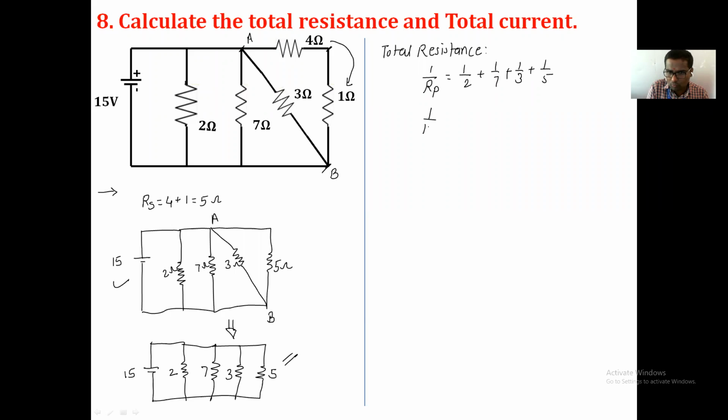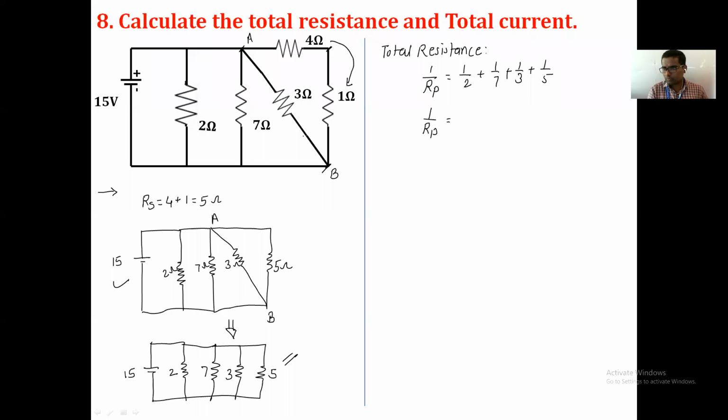What is the value of 1 upon Rp here? 1.176.